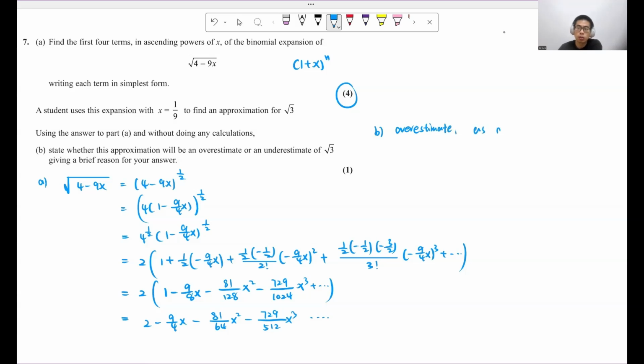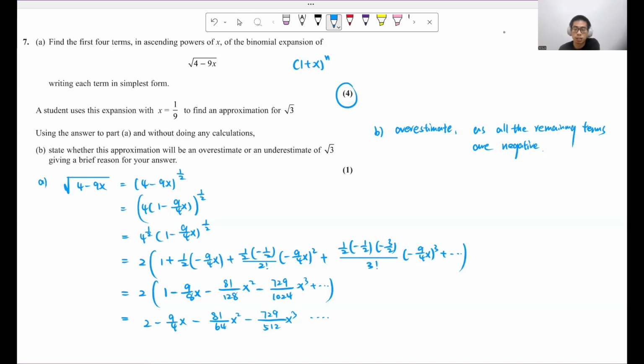As all the remaining terms are negative. So you can see it's 2 minus 9 over 4x minus 81 over 64x squared and minus 729 over 512x cubed.